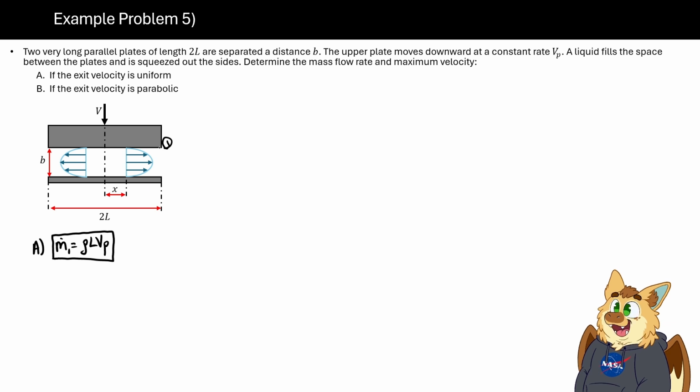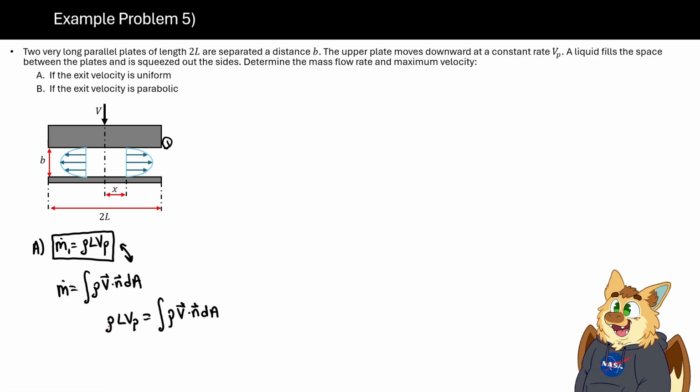Now, at the same exit face that we're interested in, say exit face 1 here, by definition, the total mass flow rate going through exit 1 would just be equal to the integral of rho v dot n dA. And technically, we can set these two equal to each other because they are the same thing. So we would have rho LVP equals the integral, and this is again, for part A, we're assuming the exit velocity is uniform. This would be rho times V dot n dA.